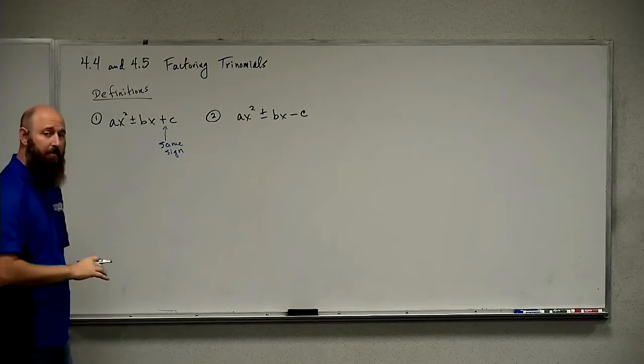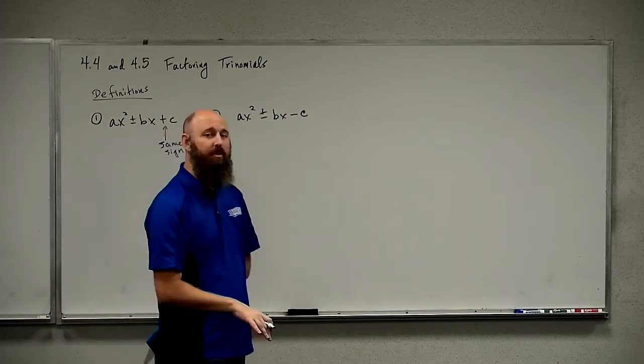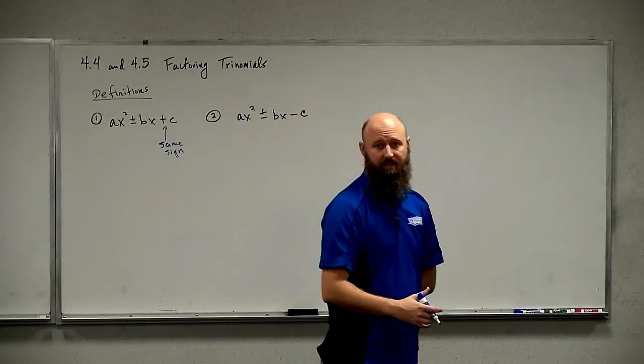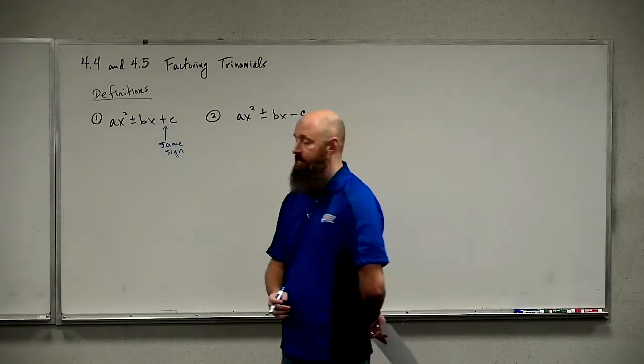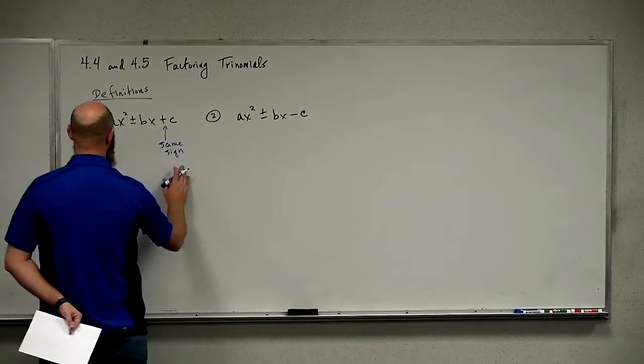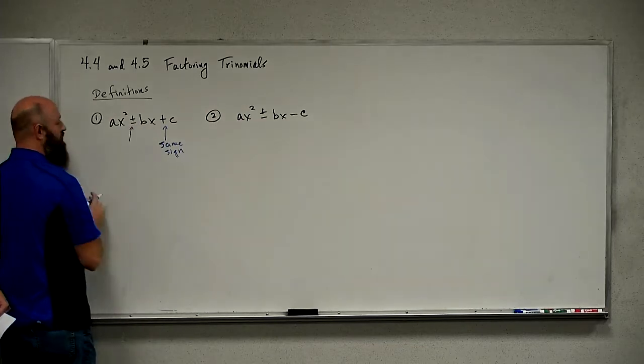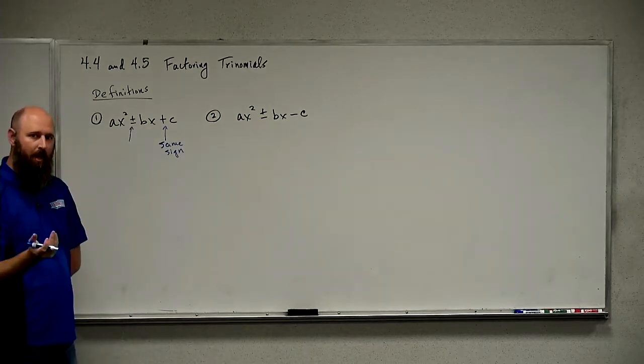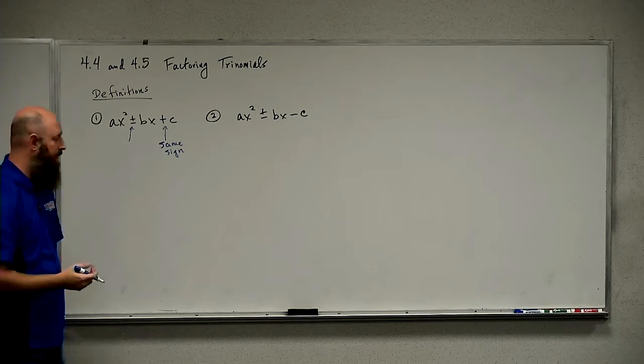Okay, that means they're either both going to be plus or they're both going to be minus. We just have to figure that piece out. Okay, now since they're the same sign, it'll either be a plus or a minus there.